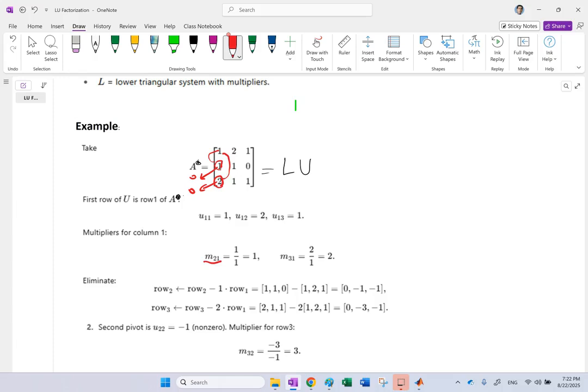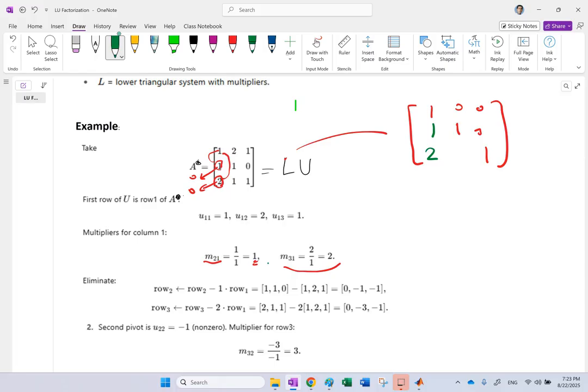So M21 is 1 over 1, which is 1. M31 is 2 over 1, which is 2. So far, my L matrix is going to be 1, 1, 0, 1, 1, 1, 0, 0. My M21 is 1. My M31 is 2.